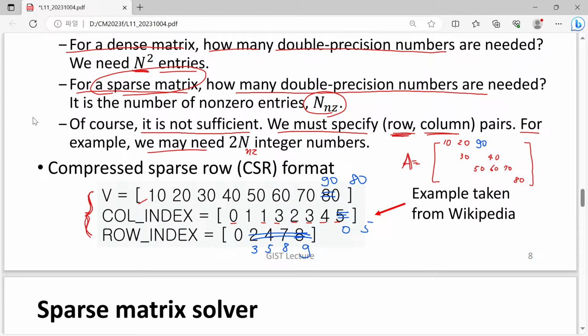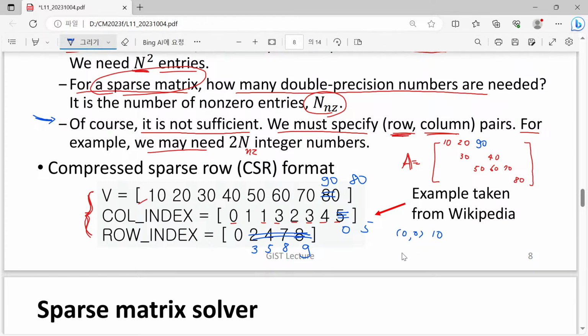Then let's come back to our more naive description. If we just describe it with this coordinate and number format, then what happens? Then we can just write 0, 0, 10, 0, 1, 20, blah blah blah, and eventually we will have 1, 2, 3, and 5 equal to 80.